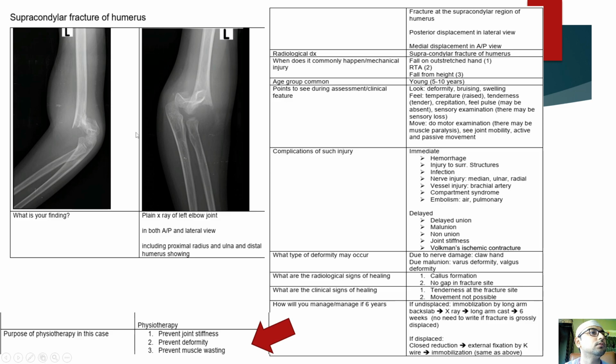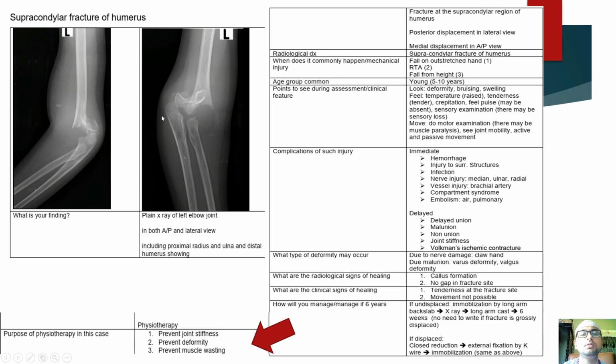This is the AP view and the lateral view, showing the proximal part of the radius and ulna with dislocations, and the humerus showing fracture. So fracture of the supracondylar region of the humerus, with posterior displacement on the lateral view and medial displacement on the AP view.